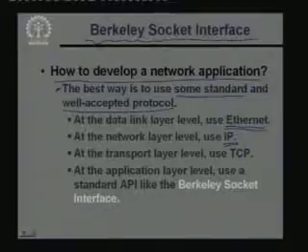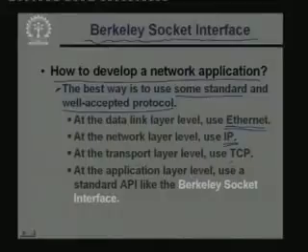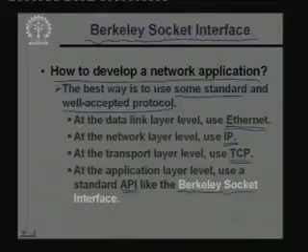So, it is mandatory to have this IP infrastructure in place if you want to be part of the internet. And with respect to the standard applications, at the transport layer level you can use TCP. Of course, UDP is another option, but most of the applications use TCP because of the reliability it provides. At the application layer level, you use a standard application program interface like Berkeley socket interface.